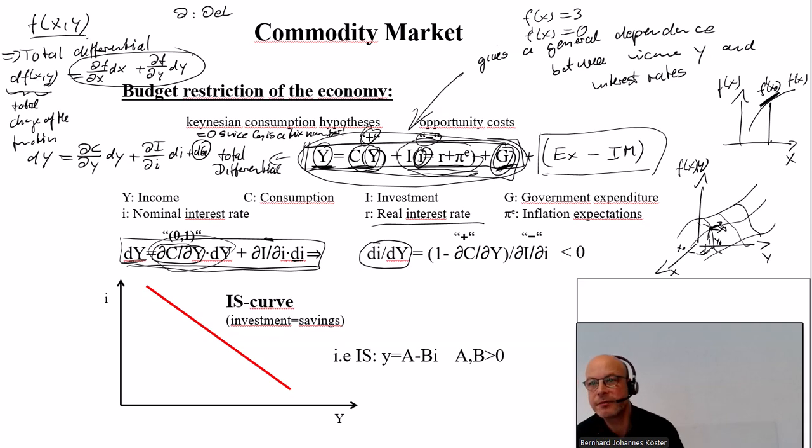so that I then obtain the derivative of interest rates with respect to income equals 1 minus marginal consumption, the derivative of consumption with respect to y, divided by the dependence between investment and interest rates.